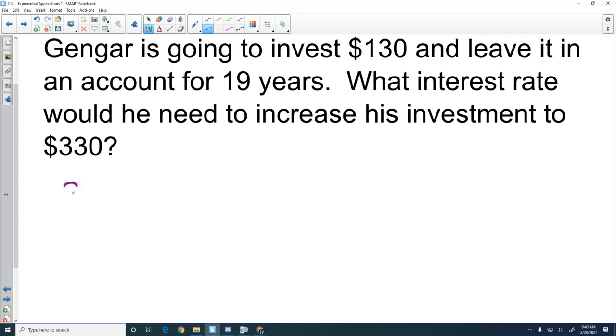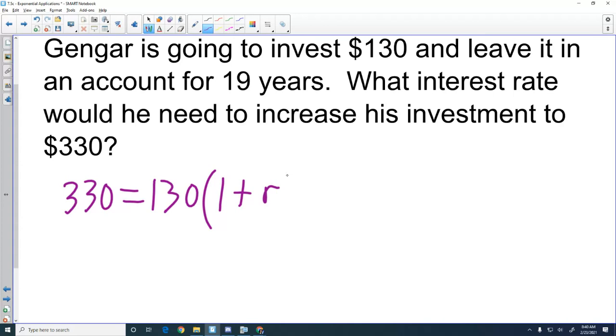So we got the final amount. If we use our generic exponential growth problem, or that finance one, the rate divided by n, well, n would just be 1 because it's compounding once a year, annually.